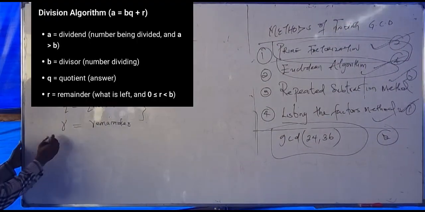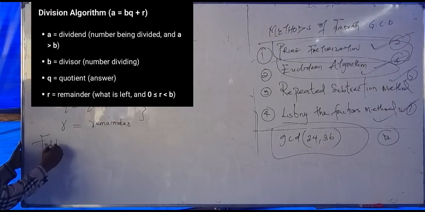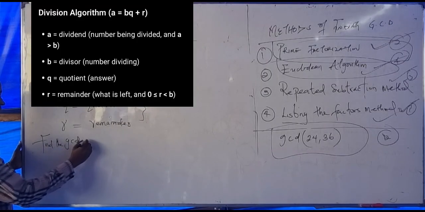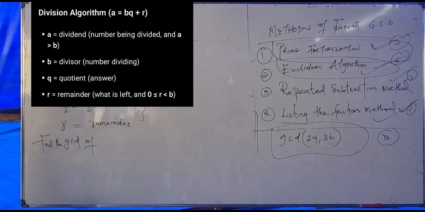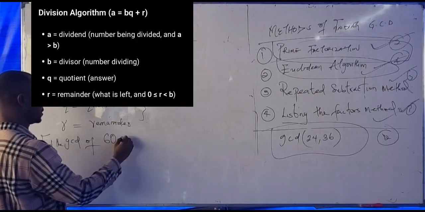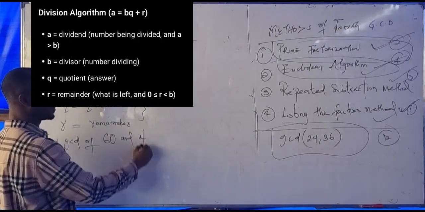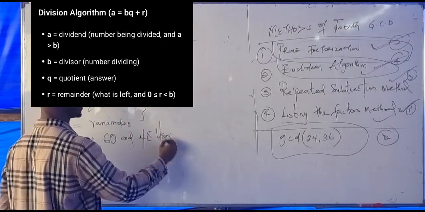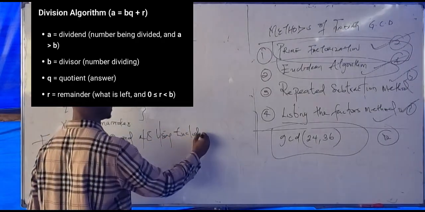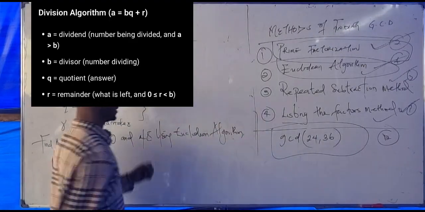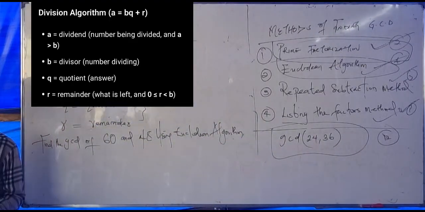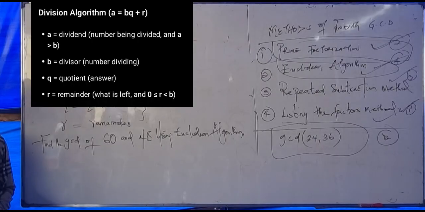Please pay attention. Find the GCD of, what was the last example I gave us? 60 and 48, right? Using the Euclidean algorithm method.